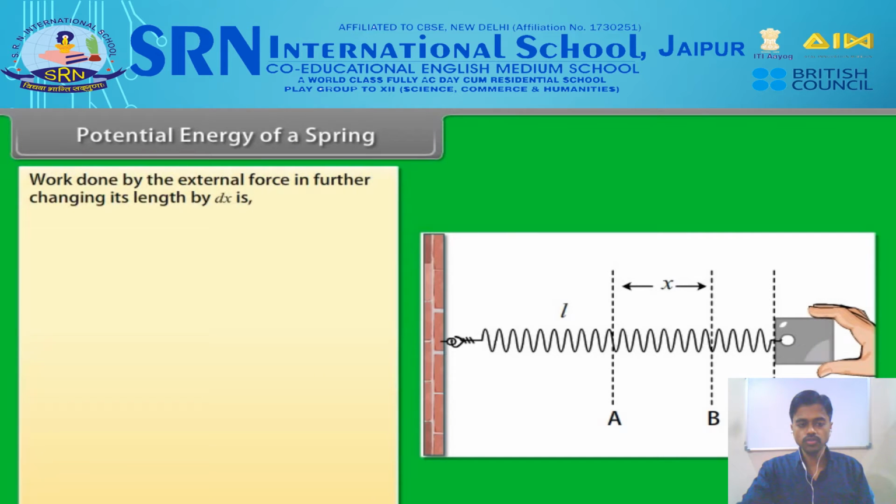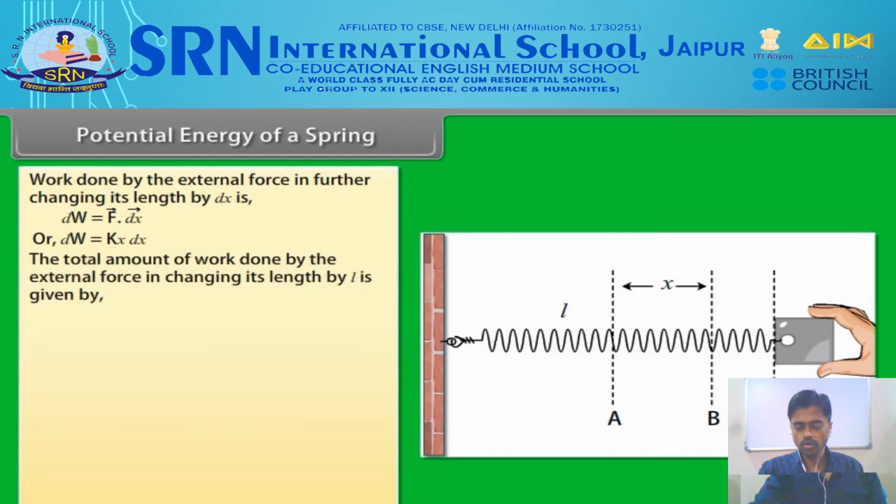Let's talk about the work done so that we can find the potential energy. Here work done will be equal to force into small displacement dx. To find the total work done for the total displacement, we will integrate.